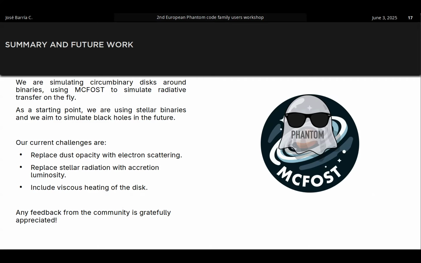For the current simulation I showed you, viscosity is turned off by default, because in the initial parameters we use from Ragusa, in the MCFOST example, the heating of the disk by shocks was turned off. I think that's the answer, sorry.